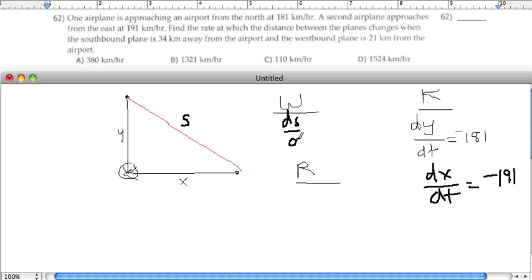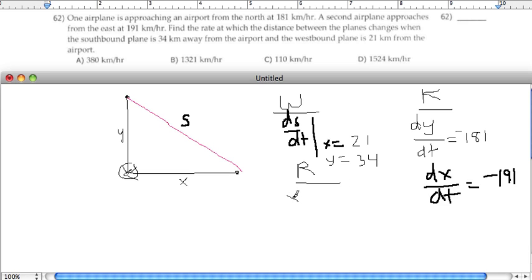We know dx/dt and dy/dt, at the precise moment when x is equal to 21, the westbound plane, and y has a value of 34. That should be enough information.